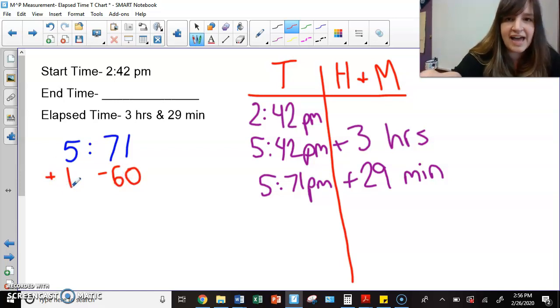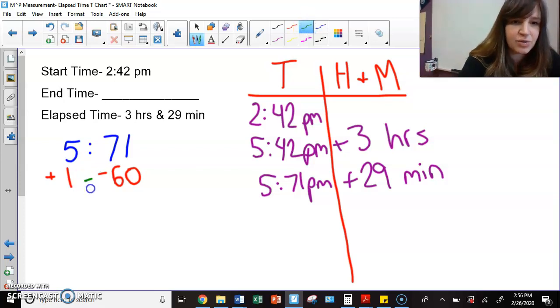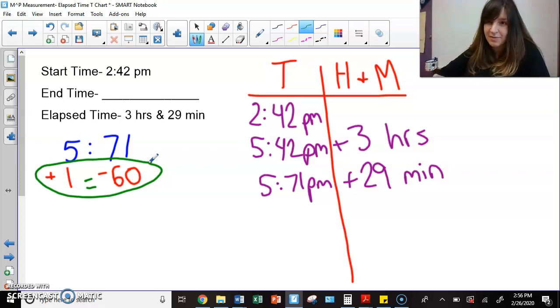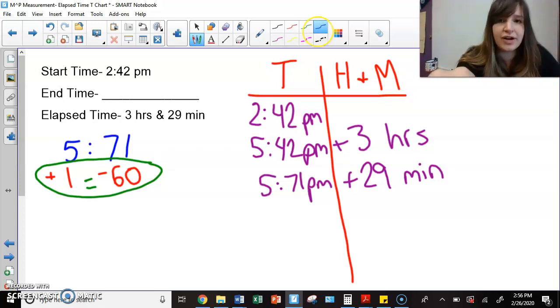And when I do that, that's because they are equal to each other, okay? 60 minutes is equal to an hour. So if I take away 60 minutes from my minutes, I can't just let it disappear. I have to put it somewhere. So I'm transferring it over.